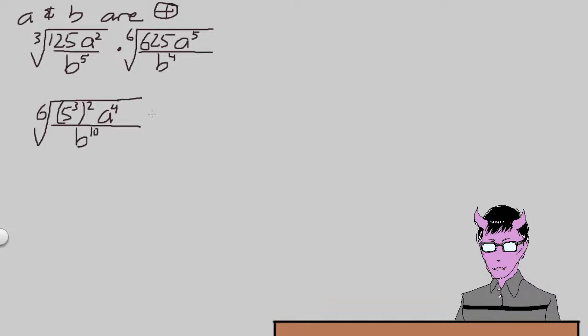Alright, so that's what we did in terms of manipulating the first radical factor, and then this one, of course, is already at 6, which matches this one. So you can just extend this house thing and multiply the entire innards, which is what I'm going to do. So times 625, a to the power of 5, and then the b to the 4 on the bottom.